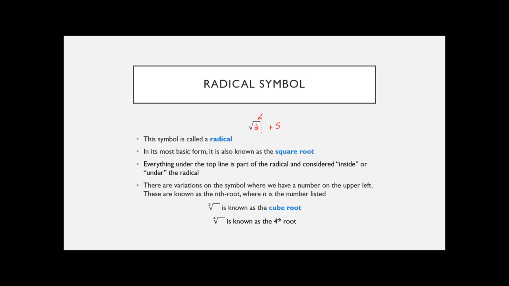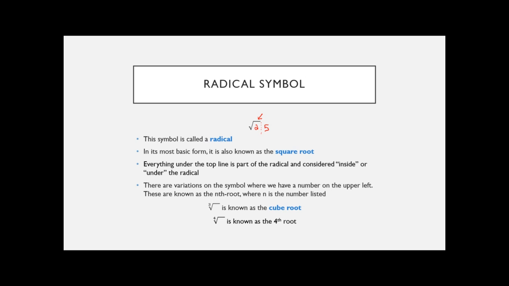So you have to really pay attention to what is inside and what is outside. Even if I see the number 5 to the right, because the line does not cover the 5, it is outside, not inside. When you're typing and even when you're writing by hand, make sure the line extends over everything that's supposed to be inside.